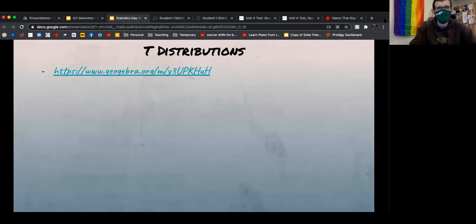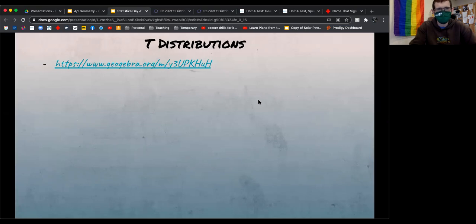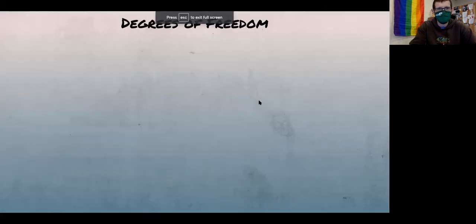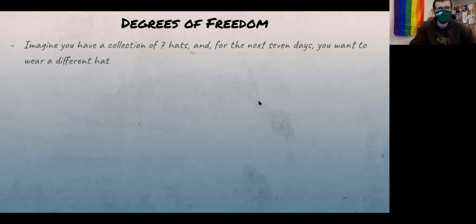If we want more information on the t distributions, just to make more sense of that, we can come back to that later. But understanding that a t distribution basically just has fatter tails and we need bigger critical values, that is a good starting point.